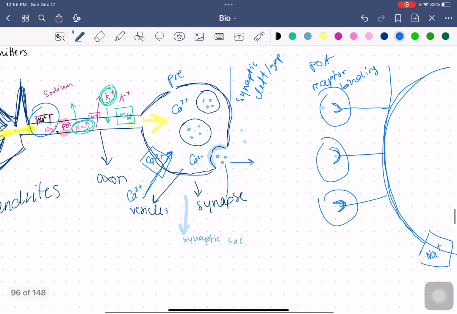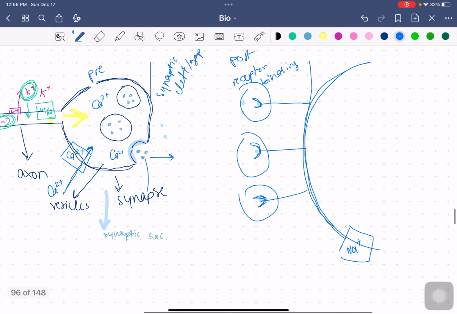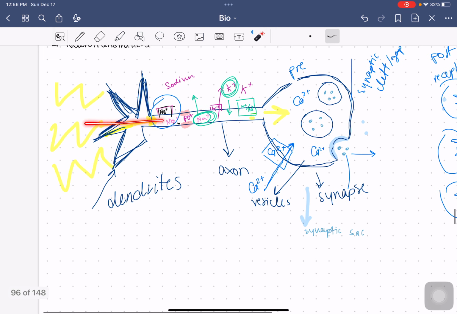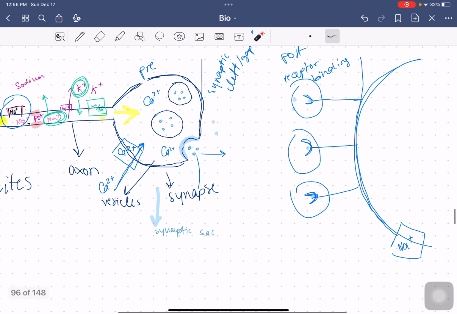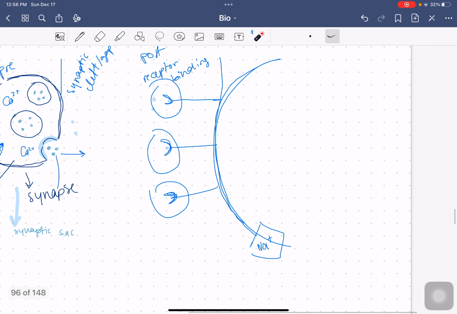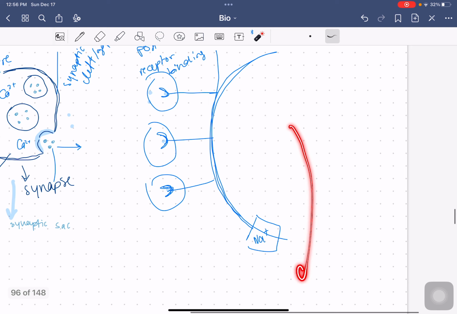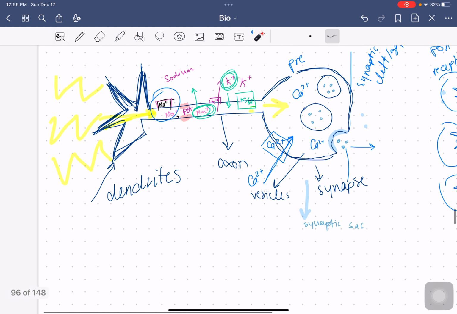Same thing. It's going to get an impulse, and then the impulse is going to flow through this neuron. It's going to get these to expel their neurotransmitters. Neurotransmitters are going to bind to the receptors, and the receptors will then stimulate the sodium gated channels to open. Sodium will go out, potassium will go in, and then the process will continue.